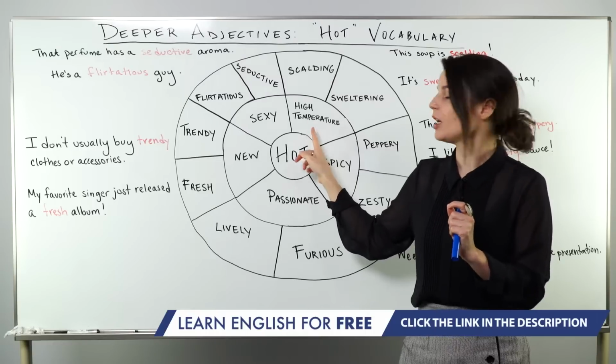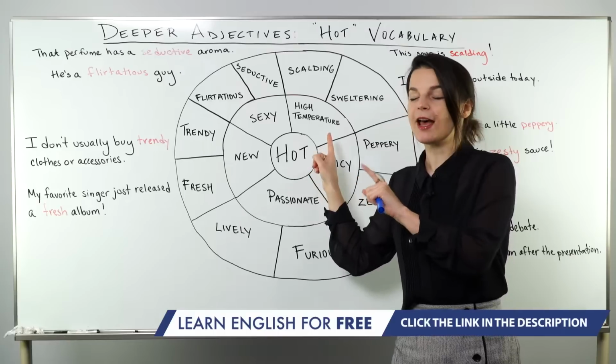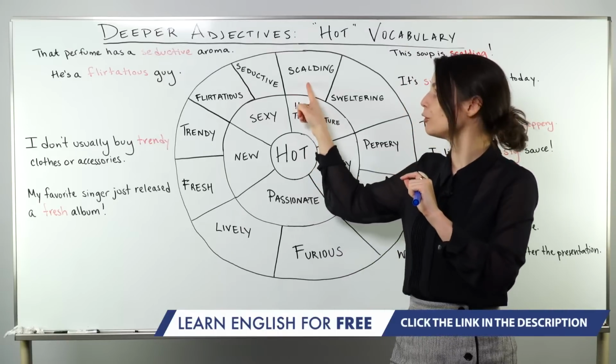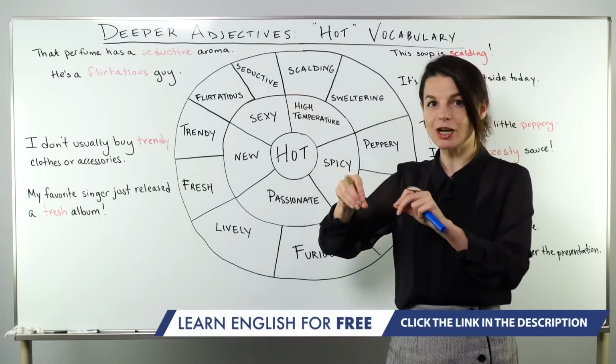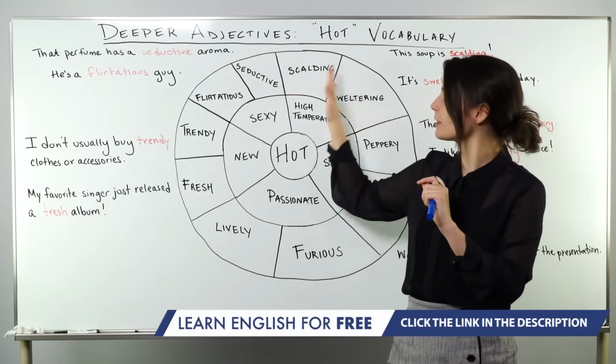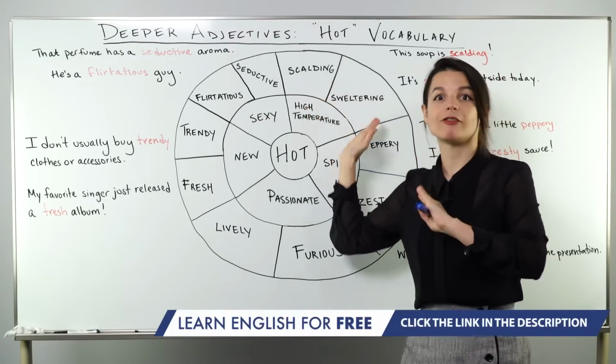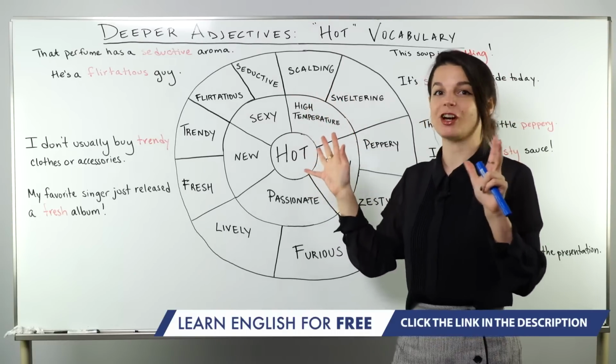So we use hot to refer to things that are high temperature, and this can be for food or for drink, for objects. It can also be for the weather. So I've chosen a couple adjectives here you can use to talk about these different types of high temperature, hot.